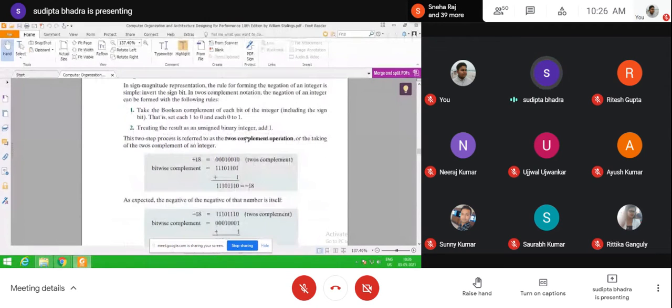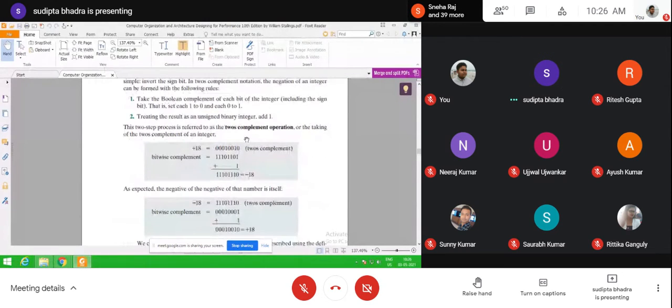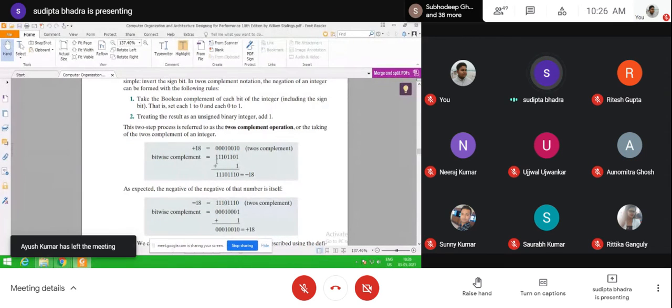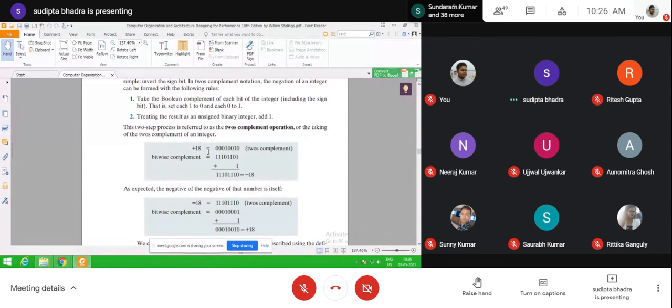So the first one is negation, meaning the sign changes: plus 18, negation will give you minus 18. In 2's complement, what is the way to get the negative number?